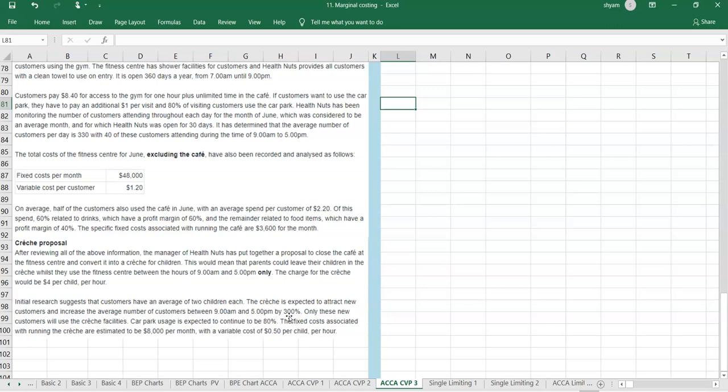So there are going to be increased customers and they will also pay for car parking now. The fixed costs associated with running the creche are estimated to be 8,000 per month. So what we'll do is we'll first find out what the profit from the creche is.